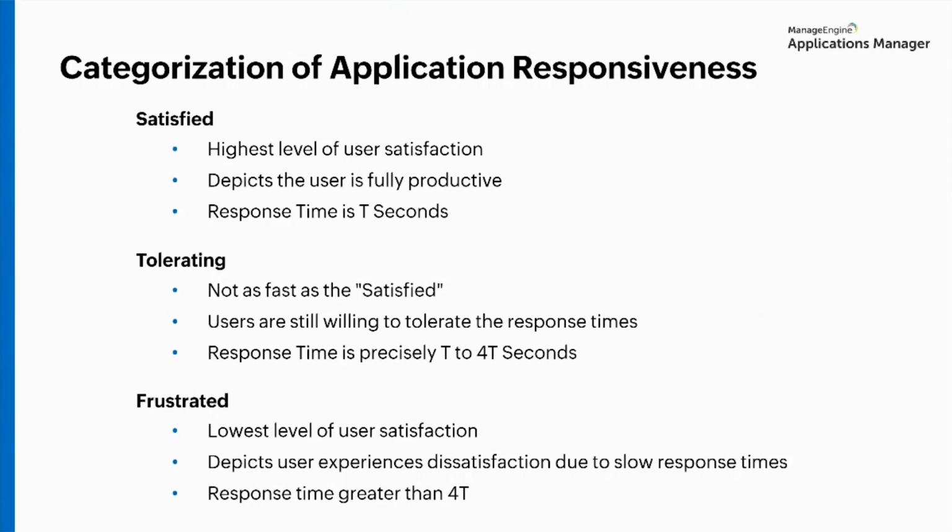The last one being the frustrated category. It represents the lowest level of user experience, where the application's response time is below the tolerating threshold. So users in this category are likely to be more frustrated with the application's performance as it does not meet their expectations.